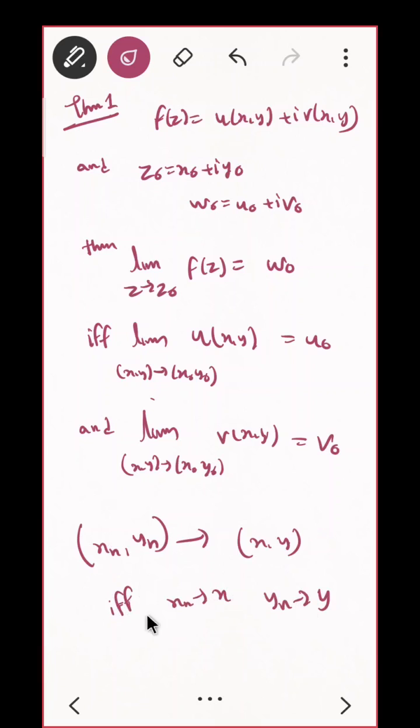Do you remember this type of proof? The same was for functions. I just gave you an example. Do you remember? When do we say this sequence converges to this? When each of the coordinates converges to that. So this is what we want to prove here.